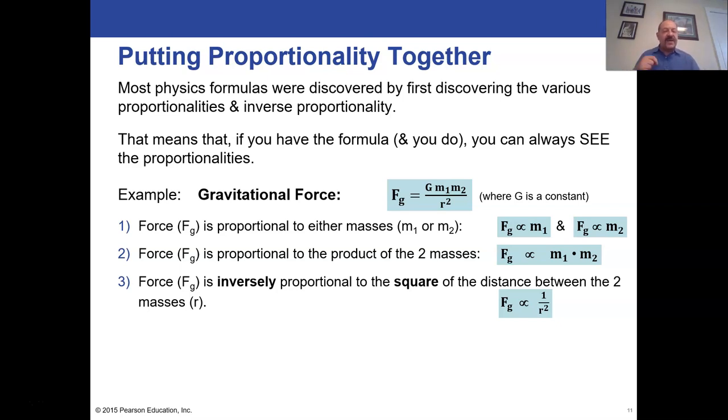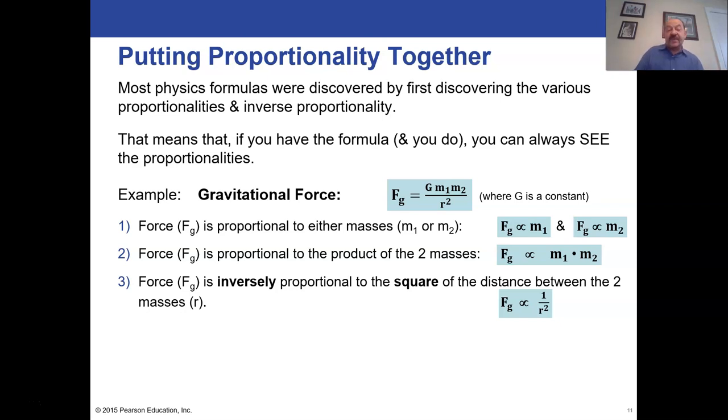It means that if the distance doubled, we would have to square that number to find out how the force changes due to this formula. If I double the distance, we would see a fourfold change in the force.